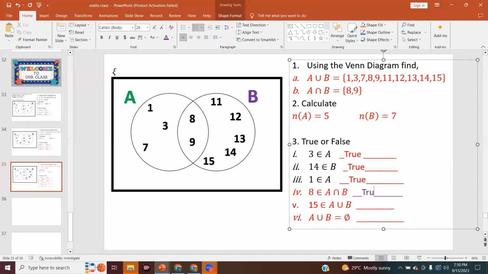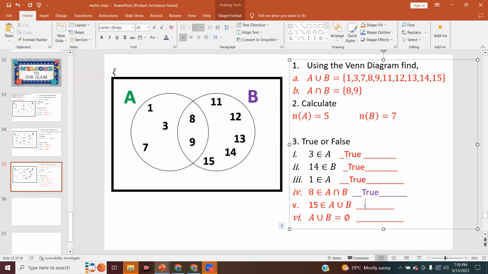The answer is true. 8 is in the intersection. See 8? It's in the overlap. I had to think about that. I thought it was going to be tricky, but then I thought about it and got the answer. See 8 right there is in the intersection of A and B.